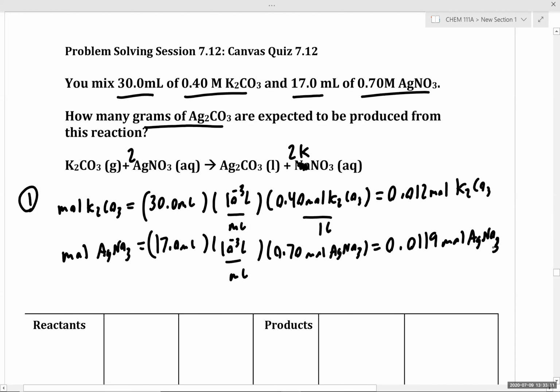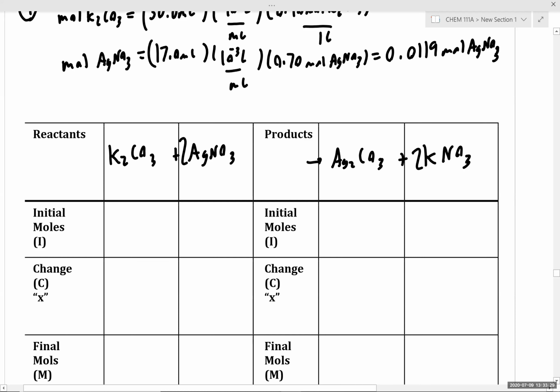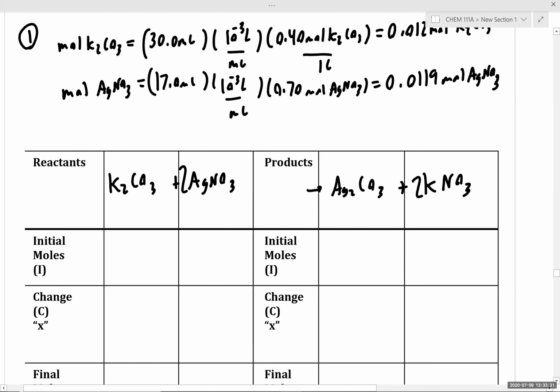So now we fill in our ICE table, keeping in mind our coefficients. Okay, so now we enter our moles. For potassium carbonate, we have 0.012. For silver nitrate, we have 0.0119.